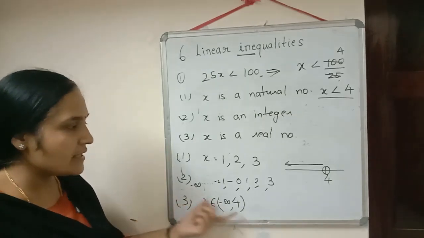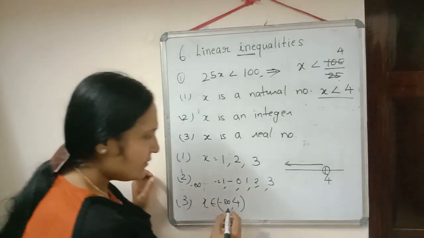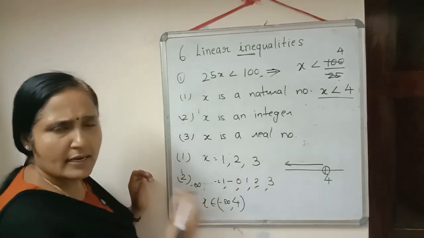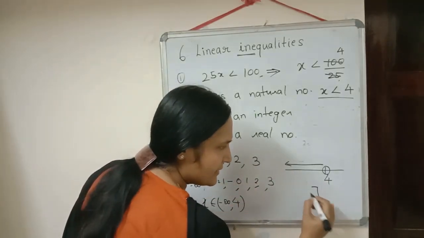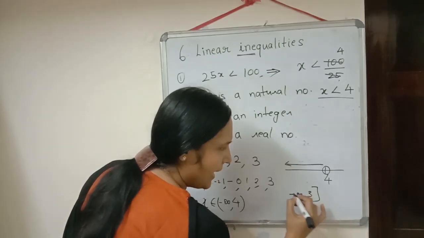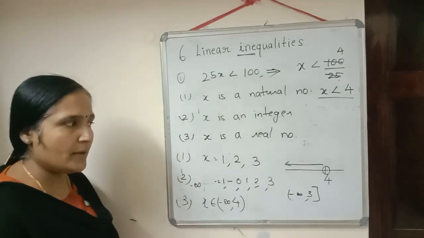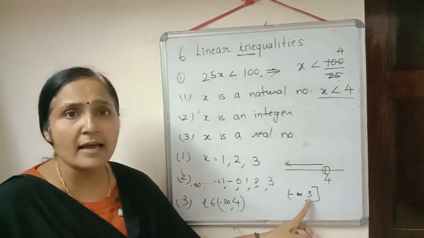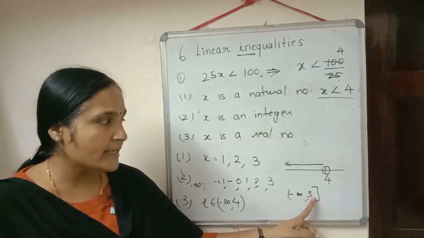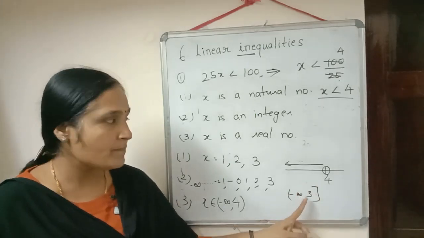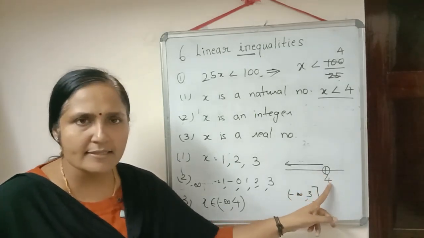Normally students, what are they doing? x is a real number which is less than 4, so usually students will write in this way, 3 to minus infinity. Now what is the problem here? Here x is a real number, so it can take decimal values, but 3.9 will not come in this group, though 3.9 is less than 4.